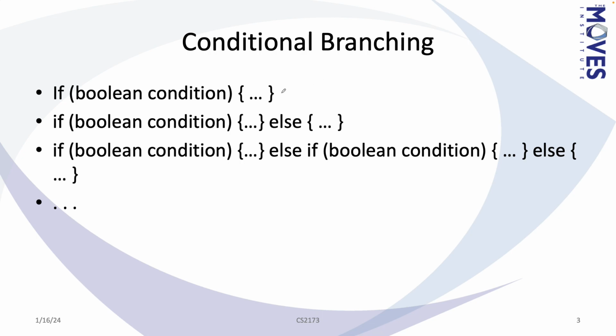In the first case, I may execute this or I may not. In this case, I'm always going to execute either this one or this one. And you can chain them together. If I have three options, I can say if condition, then this, else if, and you can chain those pretty much forever.